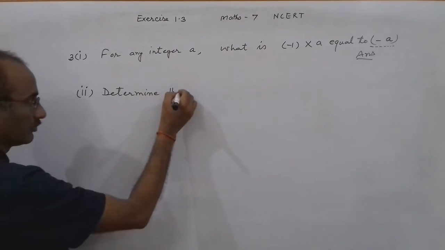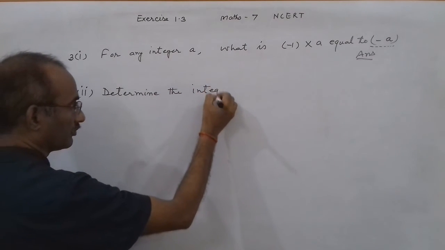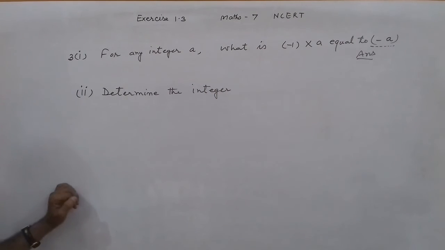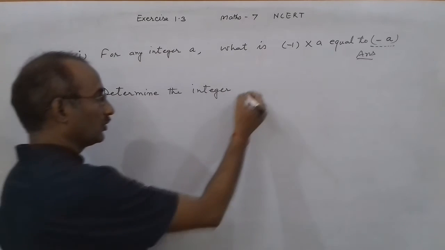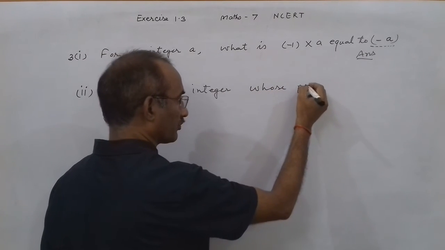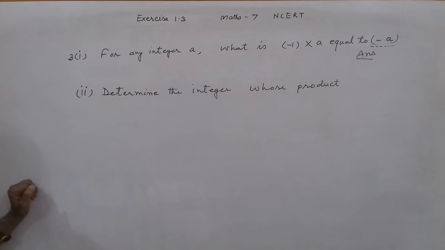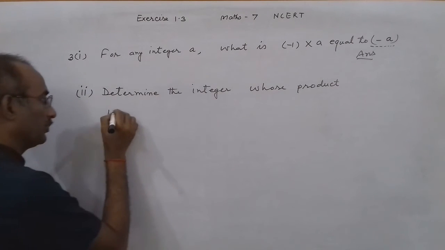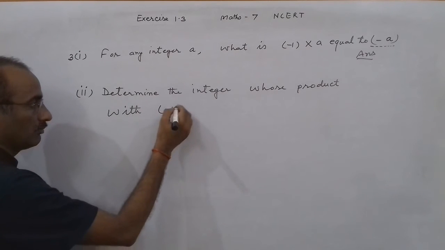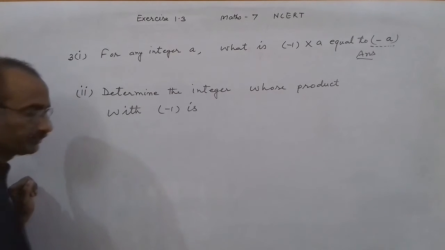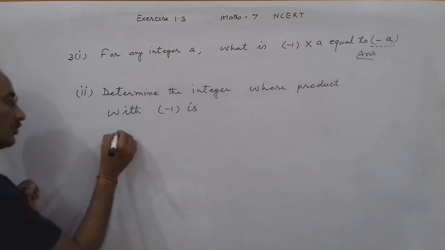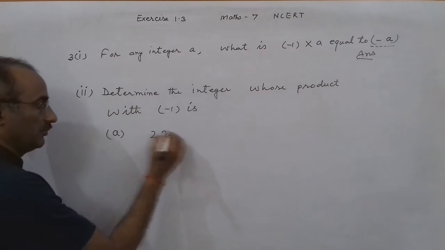Determine the integer whose product with -1 is -20.